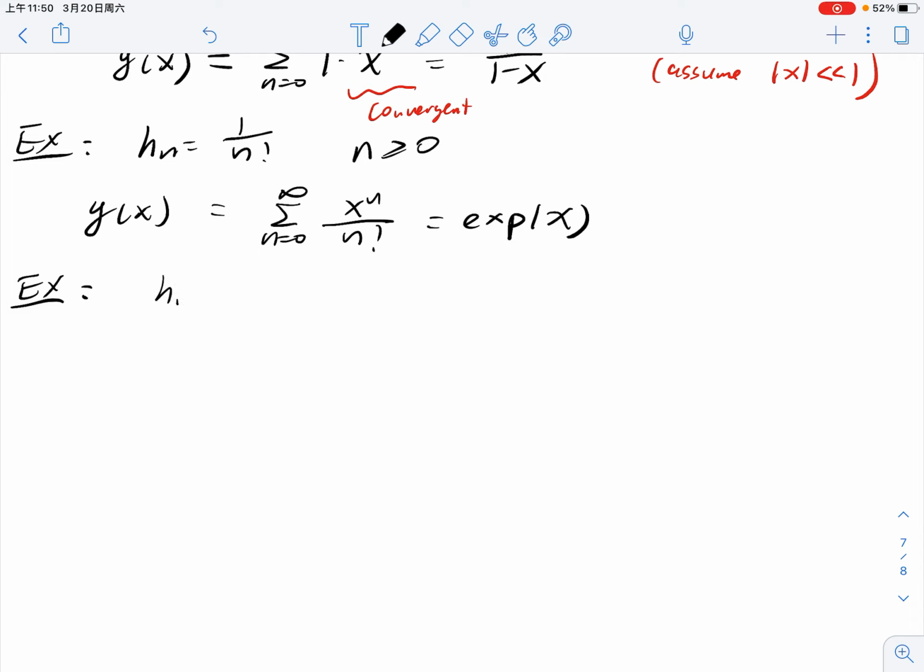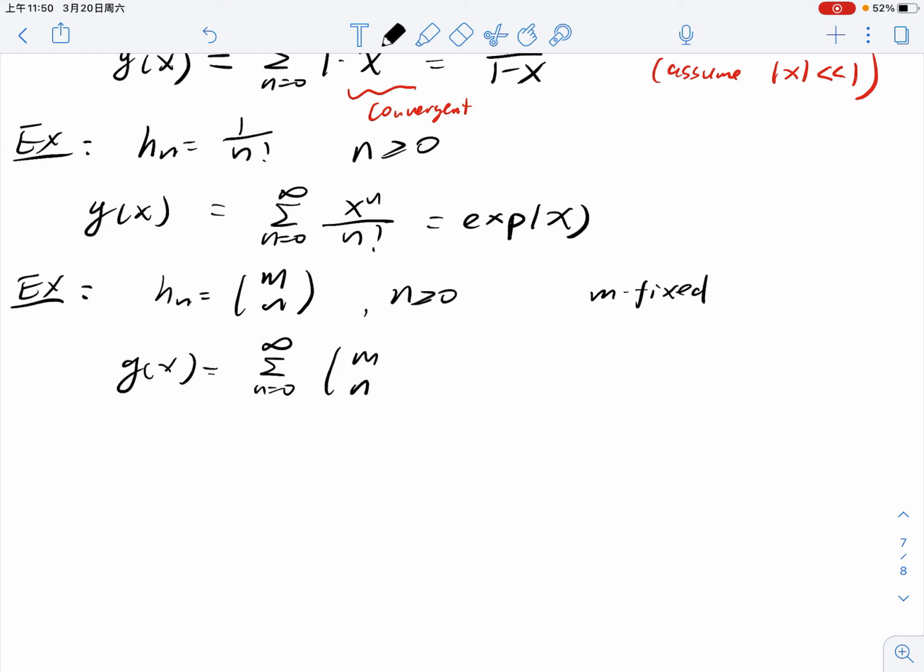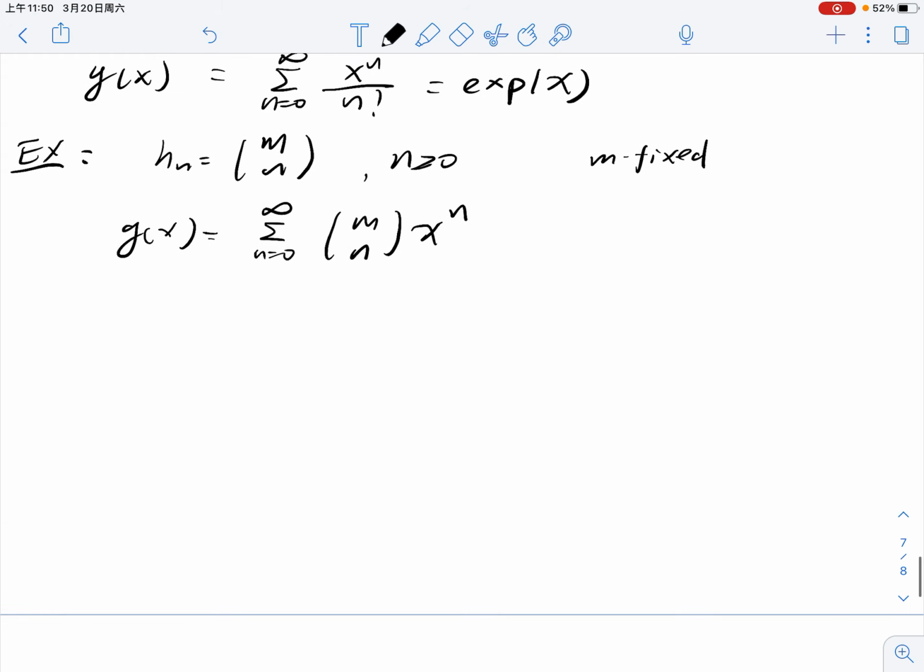And if you have Hn equals m choose n, and here m is fixed, then g(x) is summation of m choose n times x to nth power. And by the definition, actually, this summation now is finite. That means you only have finite terms, and it gives you (1 plus x) to the m power.